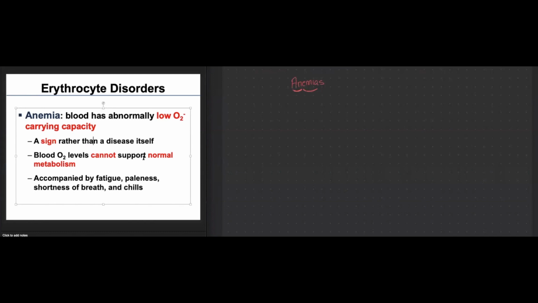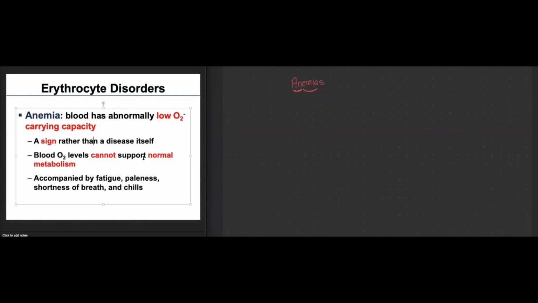I don't have enough oxygen delivered to my tissues, so my tissues are not capable of getting enough energy, and if they are not able to produce enough ATP, they will slow down and I will feel tired. Pallor because of the reduction of either the red blood cells or the hemoglobin inside those red blood cells, so the skin color will be less red than normal.